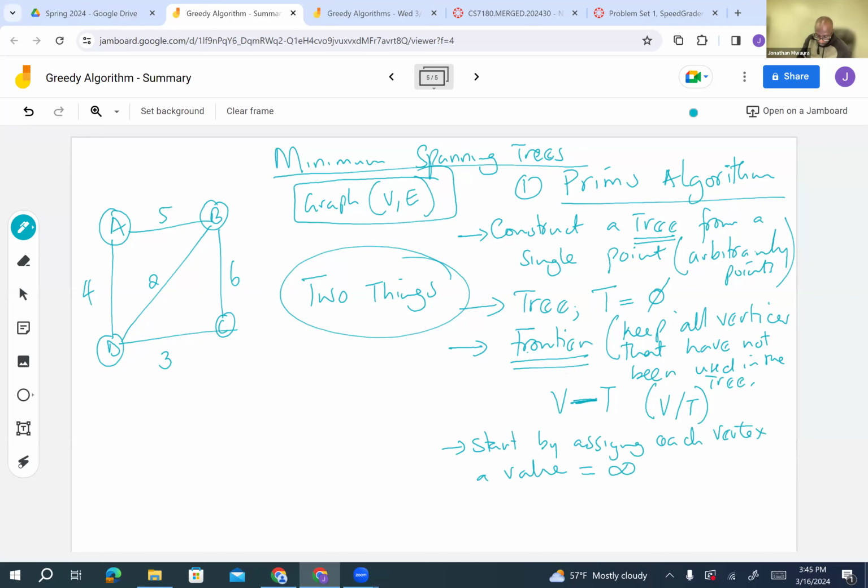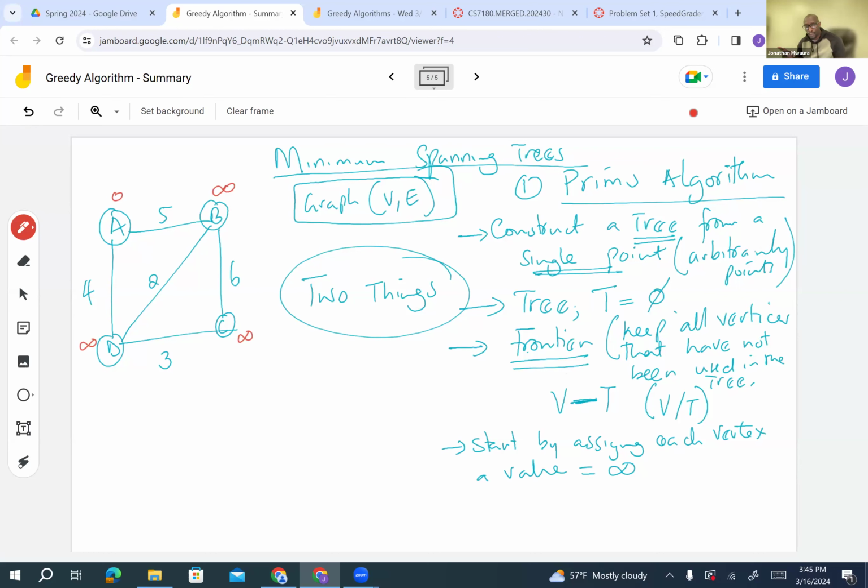If we construct the tree from a single arbitrary point, that single point will have the value, for example, 0. And we're going to label everything else as having positive infinity.